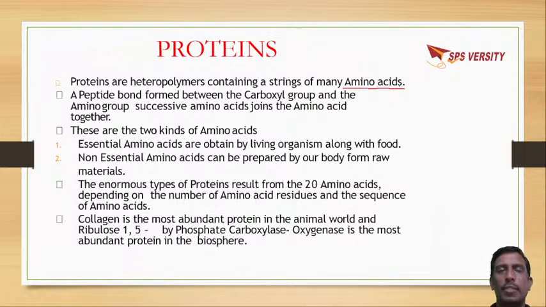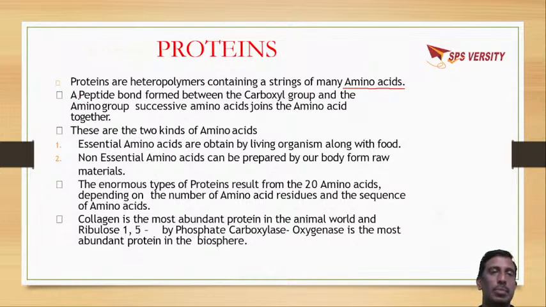There are 20 different types of amino acids. Any of them may be present. Okay. These are heteropolymers. A protein does not always have the same amino acid. They will have different amino acids. Between amino acids there is a peptide bond.